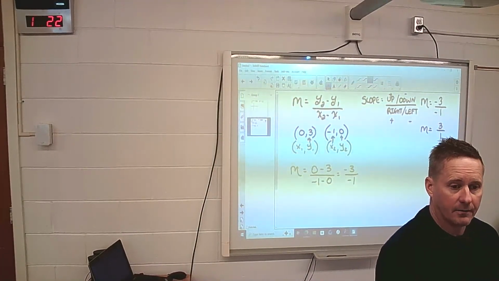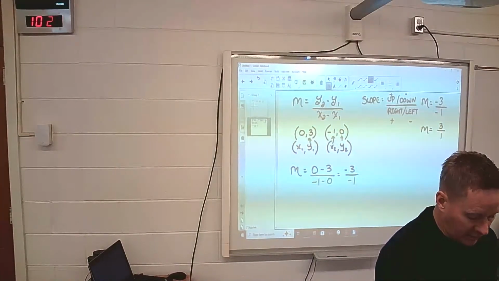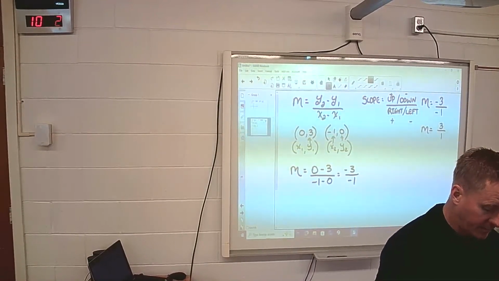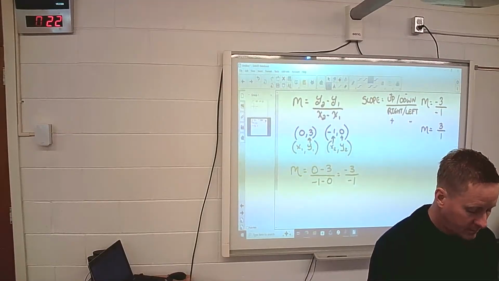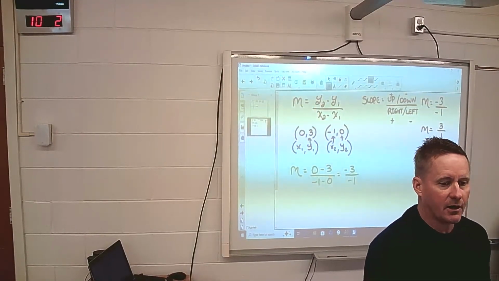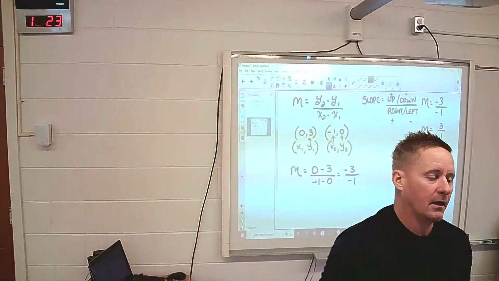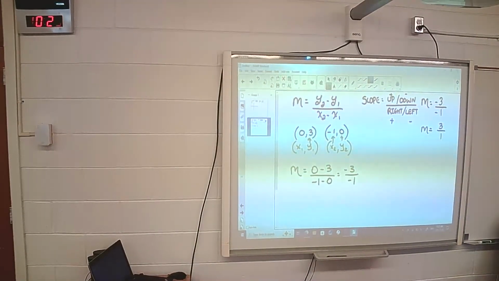How are we doing so far? Okay. All right. So the first thing that we're going to do today, let's take a look at the top of page 130 for a second. A positive slope is when a graph goes from low left to high right. That means it's increasing. In grade 12 we talk about increasing and decreasing.